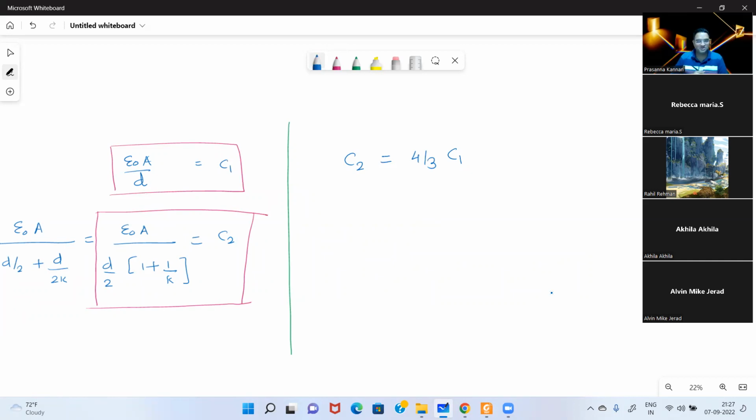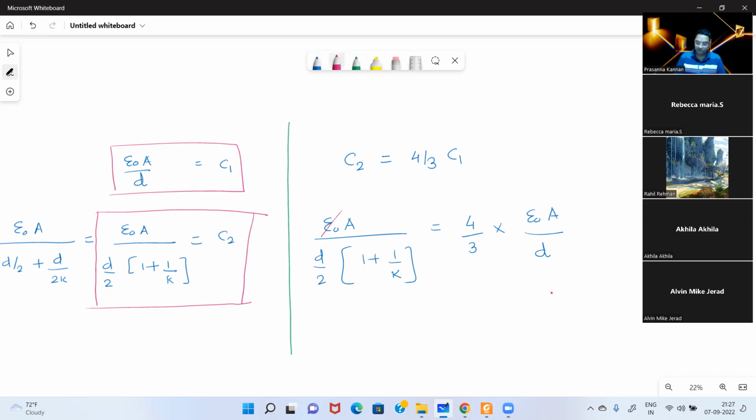So let's just substitute. We got epsilon naught A divided by D by 2 into 1 plus 1 by K is equal to 4 divided by 3 into epsilon naught A divided by D.